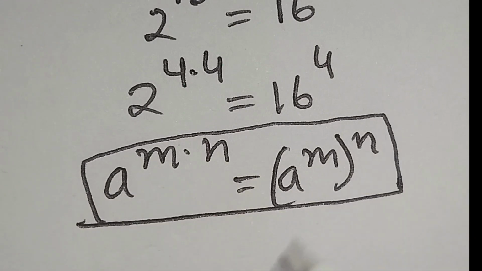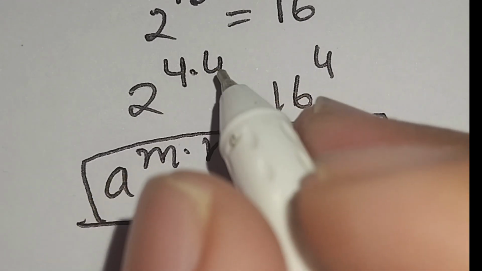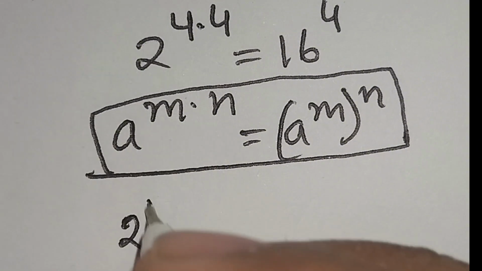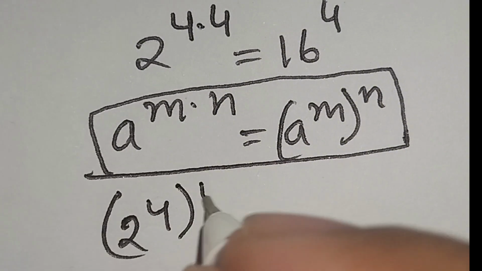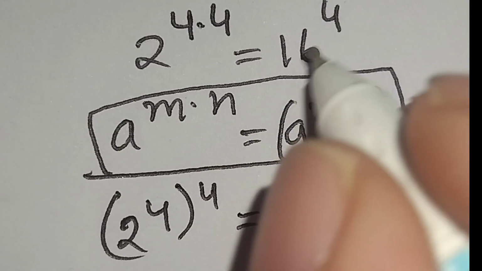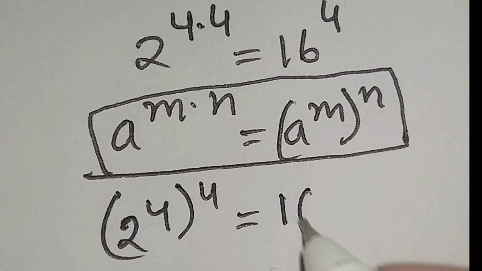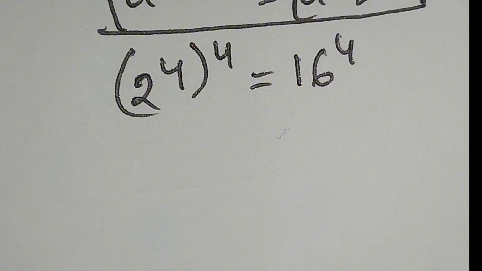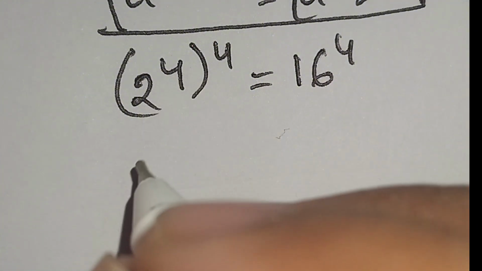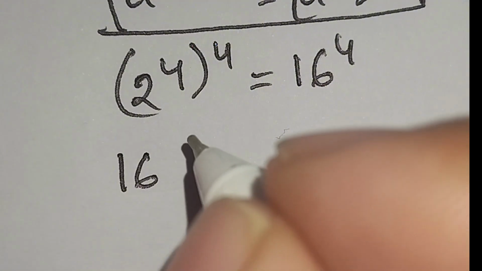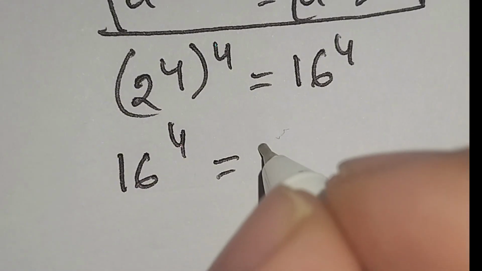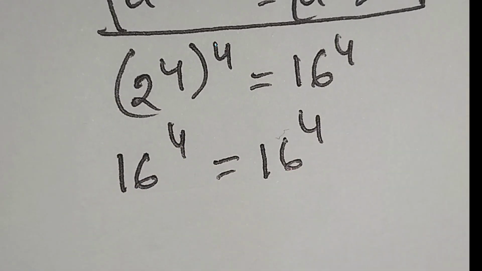According to this identity, we can write 2 to the power 4 times 4 as 2 to the power 4, whole power 4, is equal to 16 to the power 4. Here 2 to the power 4 is equal to 16, so 16 to the power 4 equals 16 to the power 4.